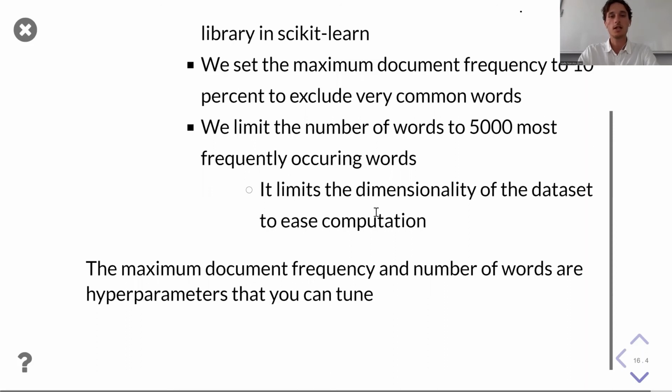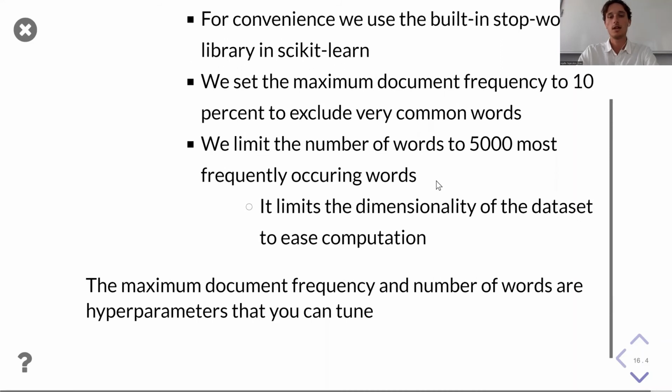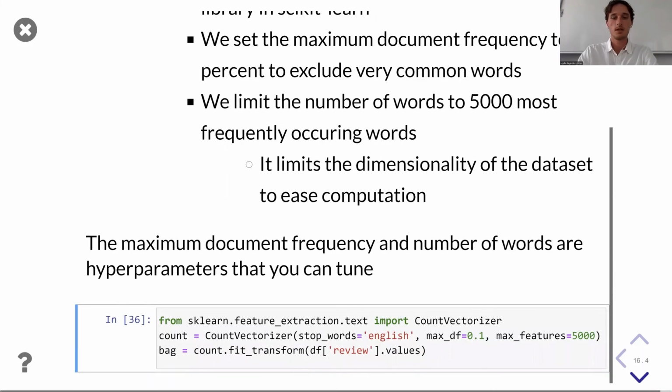So you can play around with it and set the 10% and the 5,000 to other numbers and see if it works better. So here in the bottom, you see our code. First, we import the count vectorizer from before, and then we set our parameters in here, and we make our bag of words in the last line.